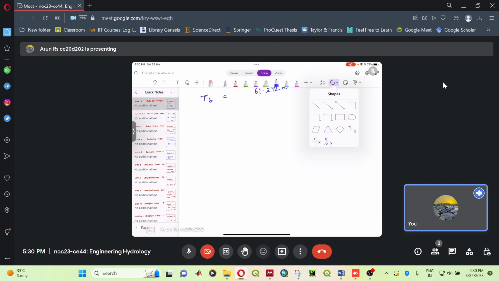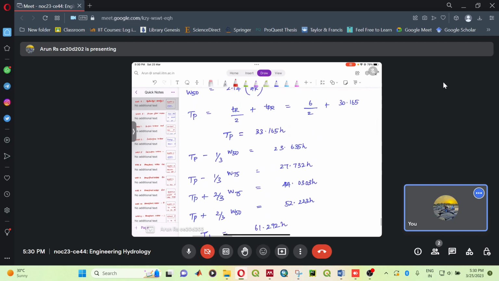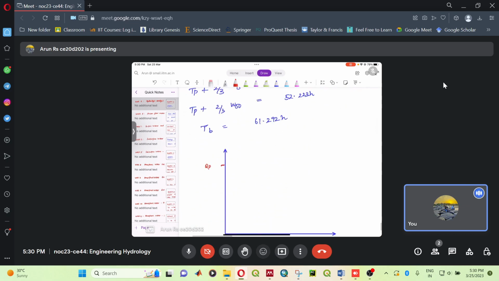So if we quickly plot it, how will it look like? First we have QP. That happens at 33.165 hours.